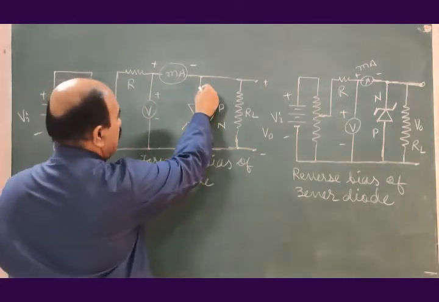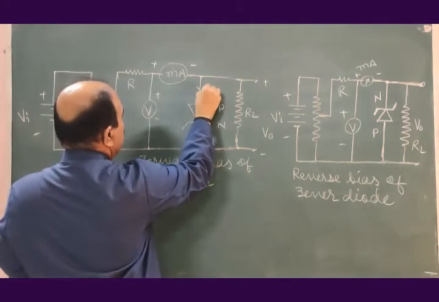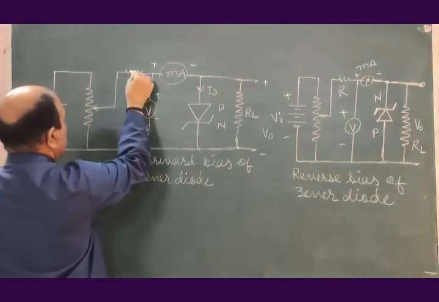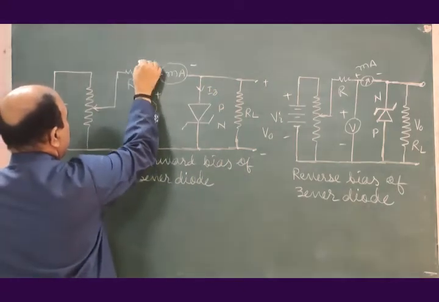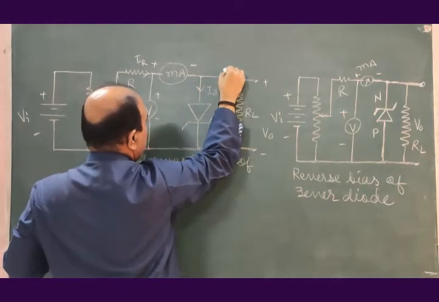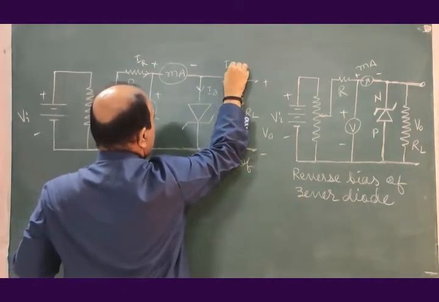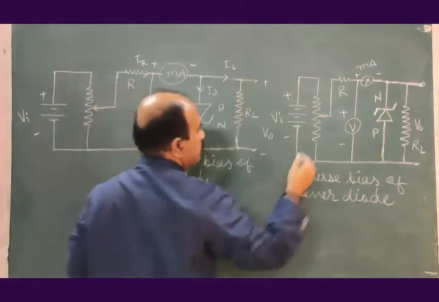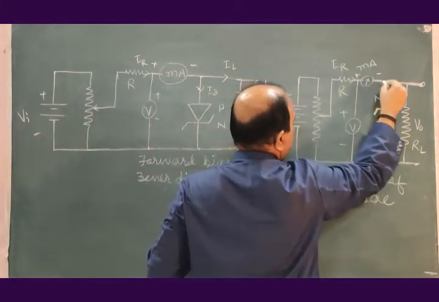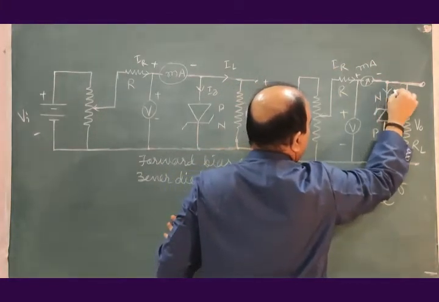Okay, the current flowing through the Zener diode will be IZ. This current will be IR. This current will be IL.